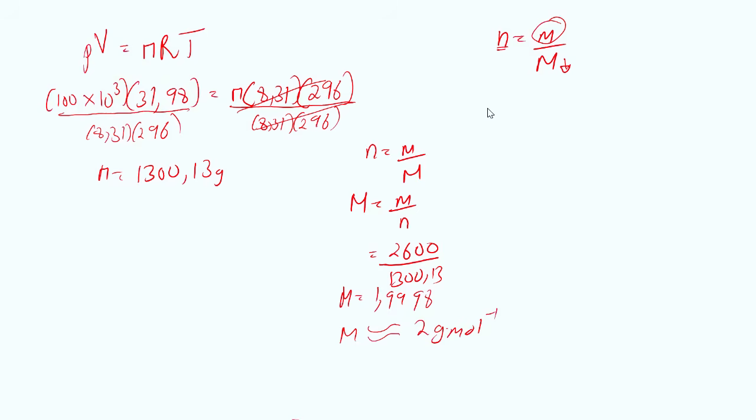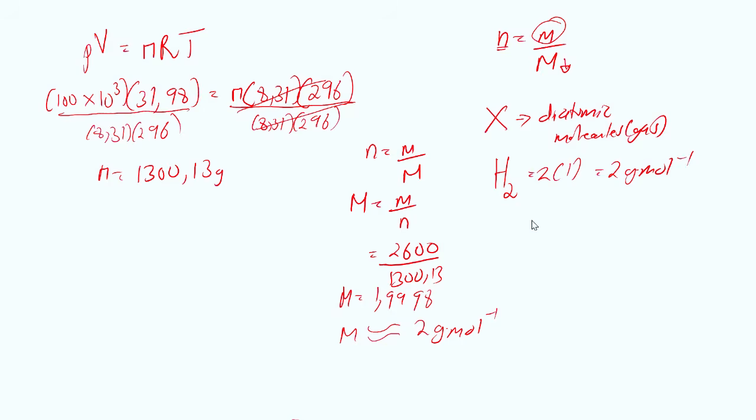Now remember, they said X is what? A diatomic gas, right? So this is a diatomic molecule or a diatomic gas, right? Then we know that a diatomic gas that would have a molar mass of 2 grams per mole is obviously H2, right? Because remember, H has a molar mass of 1. If there are 2, then we'll say 2 times 1. This will give us 2 grams per mole.